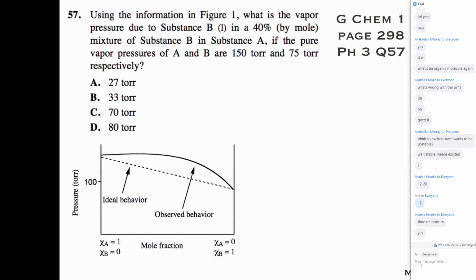Okay, last one of the day. Sorry we're way over time, but hopefully this is fine. So Raoult's law is a weighted average that says this is 75 and this is 150 if it were ideal. But if it's 40% B, then we're somewhere around here.